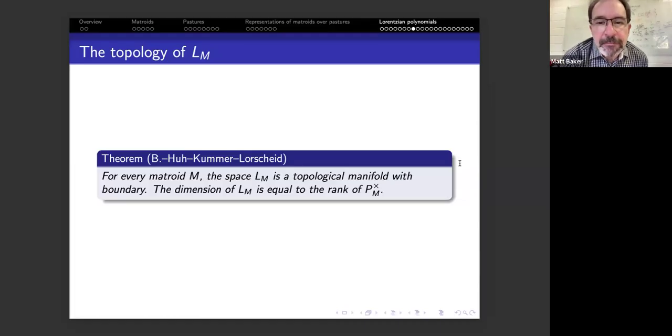And the dimension is the rank of the Tutte group of M, so the rank of the multiplicative group of the universal pasture. And this was sort of a surprising computation, I think. So if you like, that's another answer to what is the Tutte group. Well, at least the rank of it, it's the dimension of the space of Lorentzian polynomials.